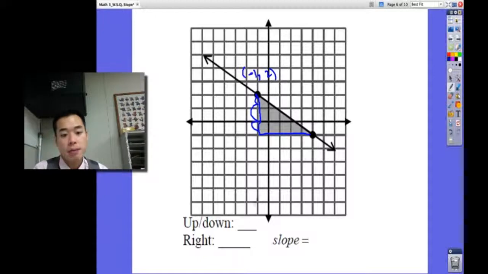I went down 3, and going down means -3. And then I'm going to the right. 1, 2, 3, 4, 5. So that's a +5 because I'm going to the right. So my slope in this case again is delta y over delta x, so it's going to be -3/5.